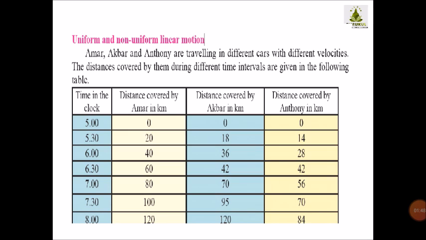So even in the same time interval, the velocities of the three people are different. Then at 6:30, Amar is at 60 km, Akbar is at 42 km, and Anthony is also at 42 kilometers. Here you will see that there are variations occurring in the speed of the persons traveling in the same time interval.